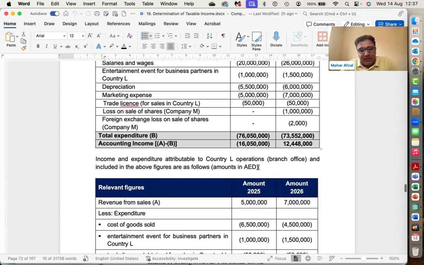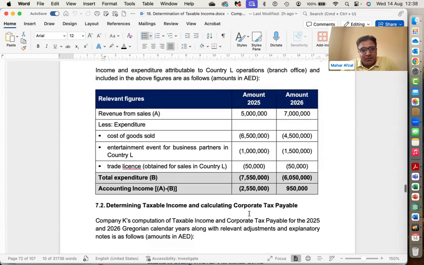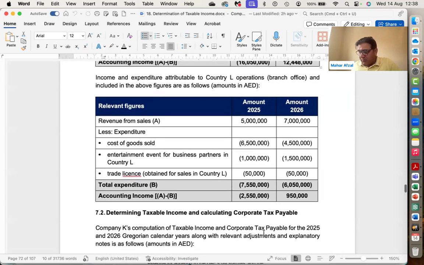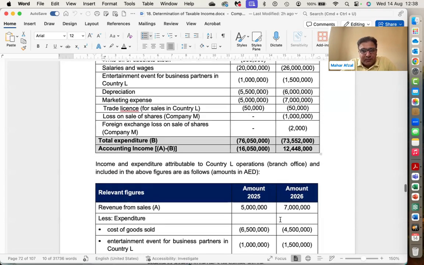I need to eliminate the branch, and the branch loss is 2550. If I'm removing this branch loss 2550, from negative 16050, I'm removing this 2550. Remaining loss after eliminating is 13500.